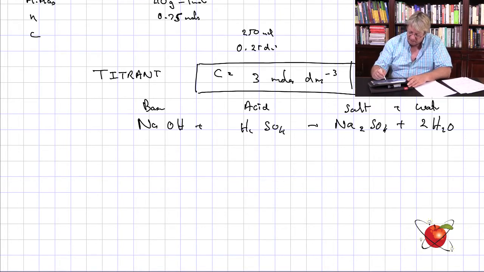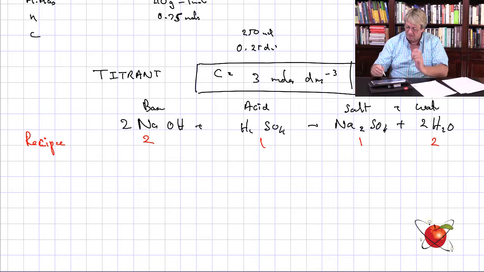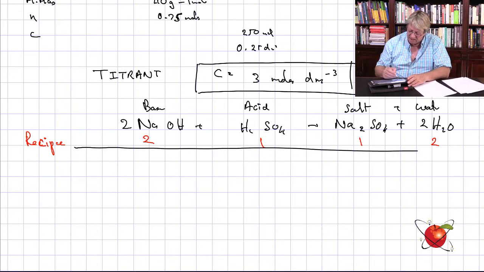So let's put in our recipe for this, shall we? I have to make sure I've balanced it. No, I haven't. There's a 2 over here. So we can put the recipe in now of 2, 1, 1, 2, like so. Let's now draw our line underneath that and put in given.